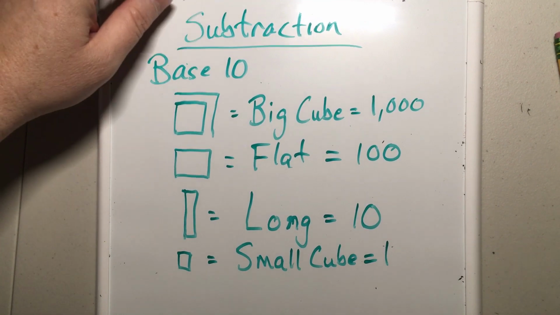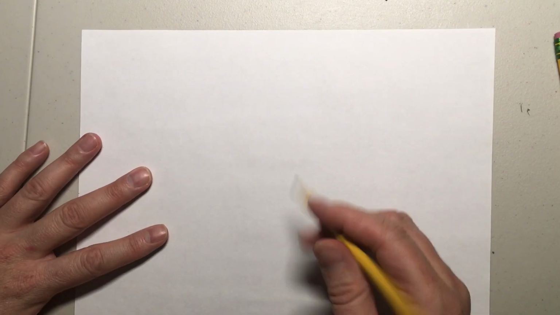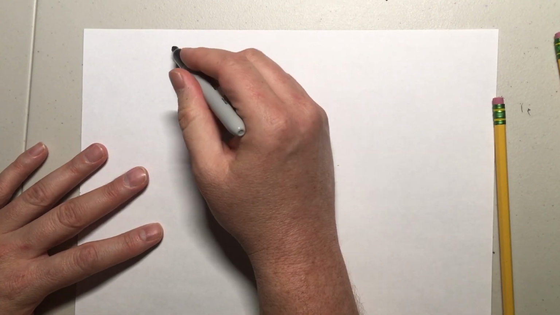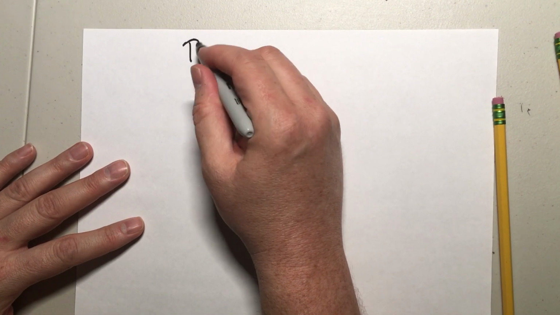All right, so let's go ahead and see ways that we can subtract with base 10. Some kids love to do this, especially those visual learners. Those visual learners just absolutely enjoy this strategy so much. Base 10.